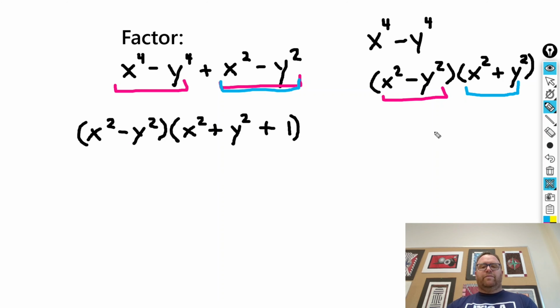Now, this here is also a difference of squares. So I can factor this into x plus y times x minus y.